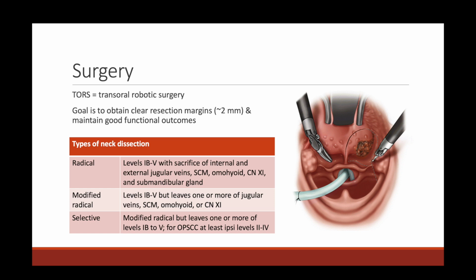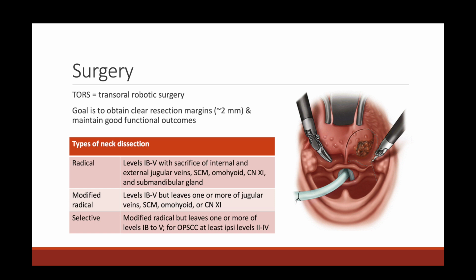The goal with surgery, as always, is to try and obtain a clear resection margin, so about 2 millimeters ideally at least, and also to maintain good functional outcomes. And like I said earlier, if the surgeon looks at the imaging and does not feel like those two outcomes are achievable, then they typically will recommend that the patient go for either radiation or chemoradiation, whichever is appropriate in the situation.